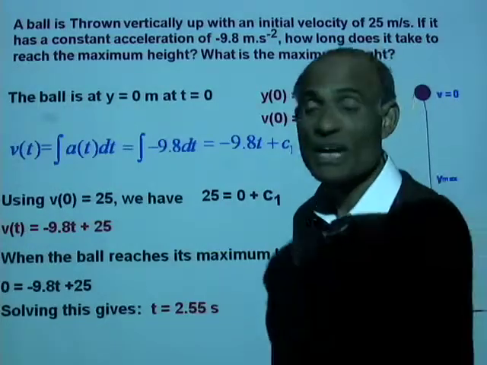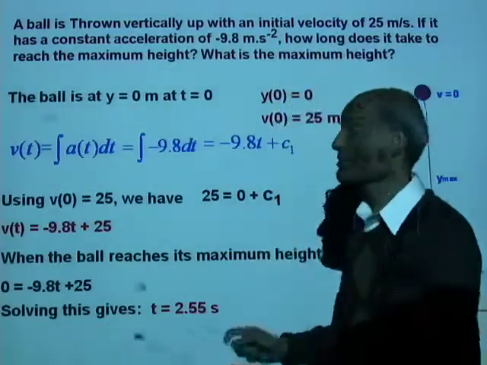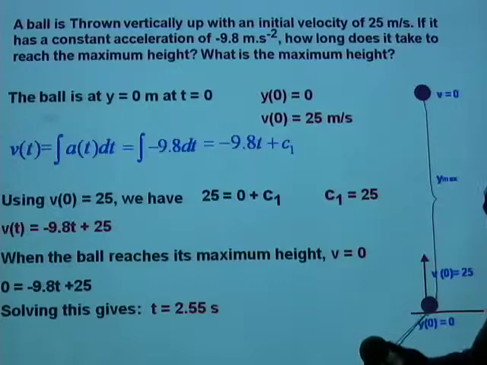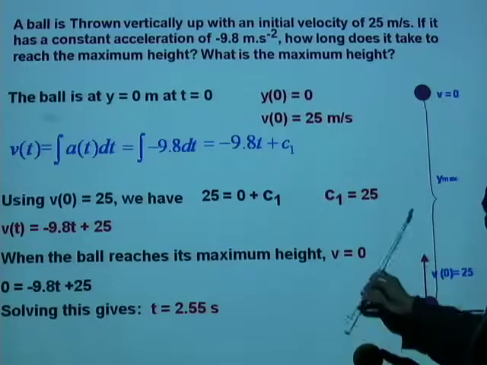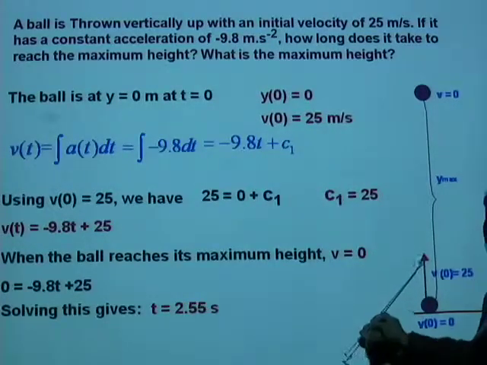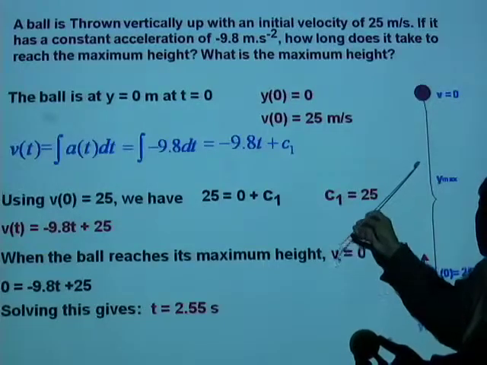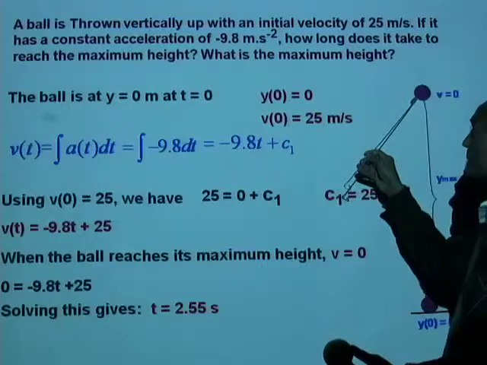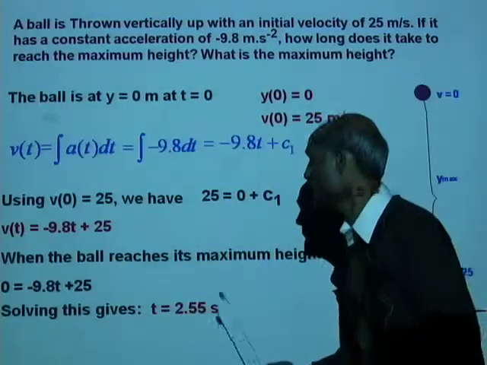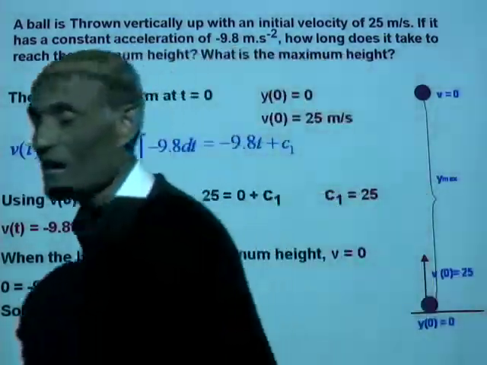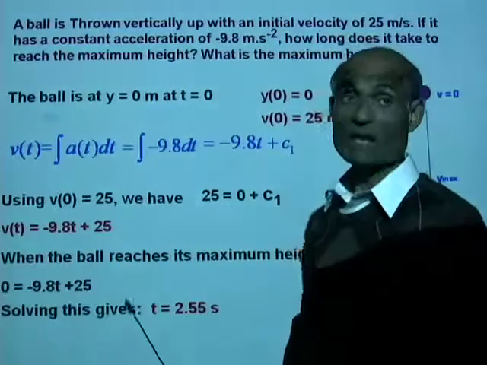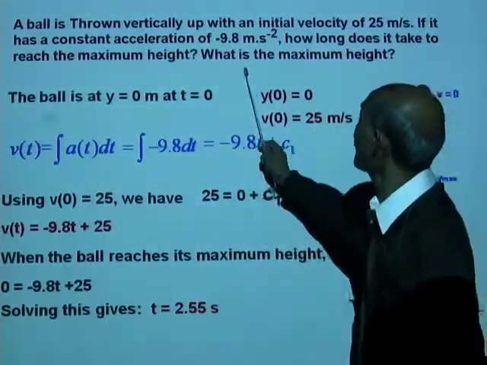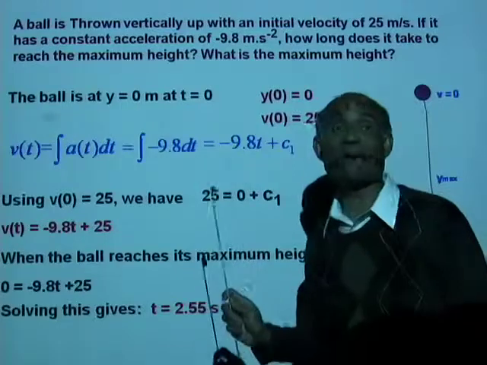It means in 2.55 seconds, the velocity, which initially is 25 meters per second as you throw it up, will decrease and become 0 there. And the time taken for that is 2.55 seconds. Then we also need to find the maximum height.